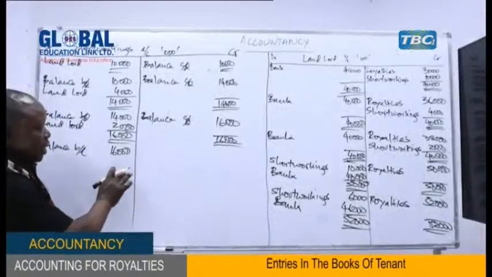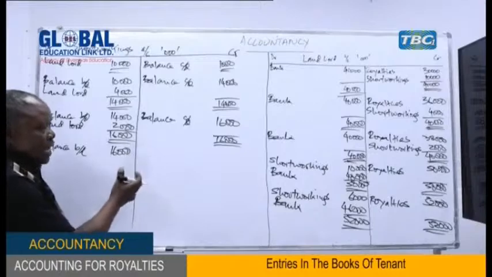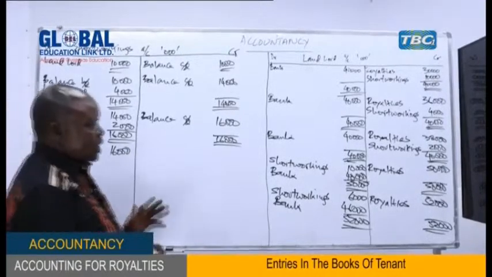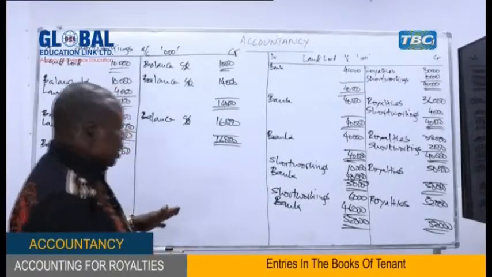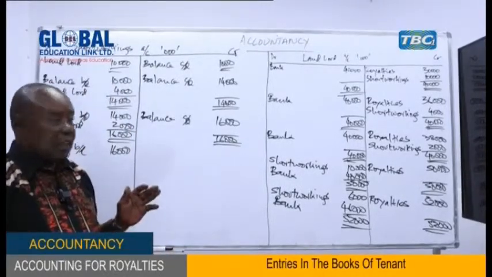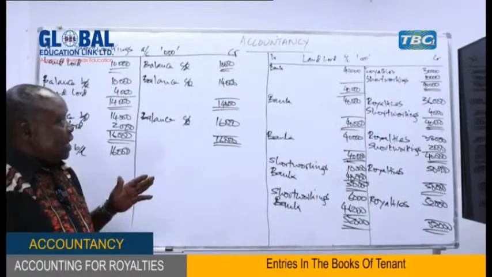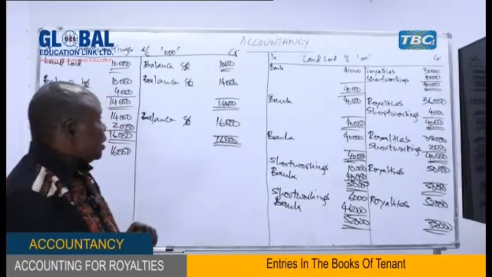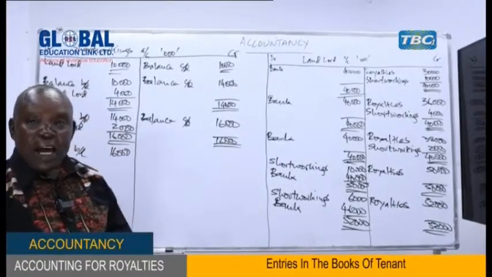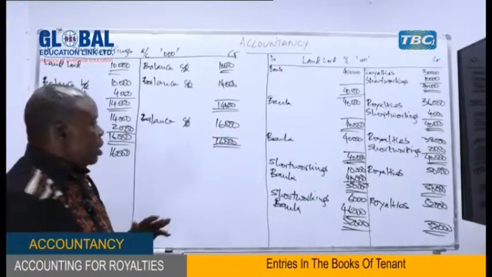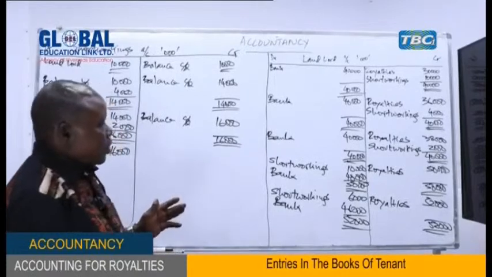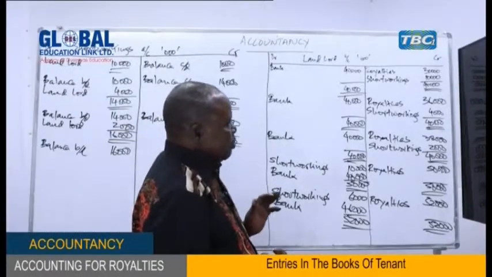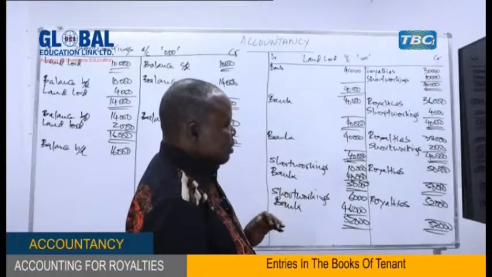This year is a year where we recouped the amount. Now the double entry, as we've already seen earlier, is that we debit landlord account and we credit the short workings account. So according to the short workings, so far we have 16,000.